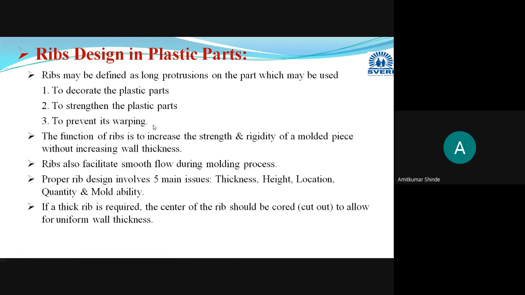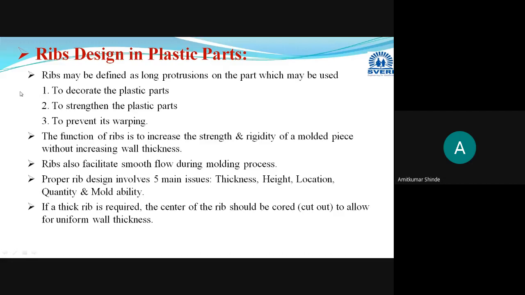It will be termed as the warping of the component, and with the help of these ribs you can provide sufficient strength and avoid the warping of the component. So I will repeat it. Ribs can be defined as long protrusions on the part, and why is it provided?